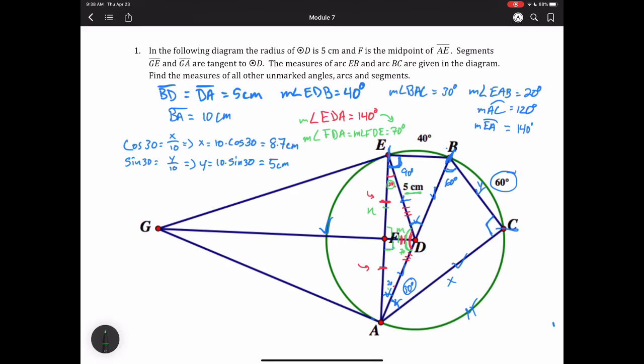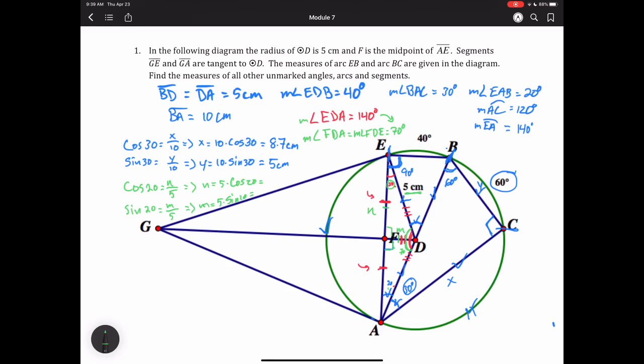So I have the cosine of 20 is equal to the adjacent side N over the hypotenuse, which when I simplify, I get N is equal to 5 times the cosine of 20. Then I do the same thing with sine of 20 degrees is equal to M, the opposite side, over the hypotenuse. Simplify that, and I get M is equal to 5 times sine of 20.